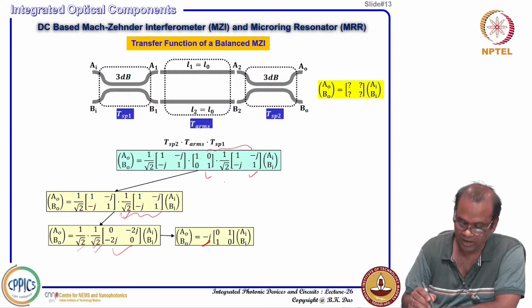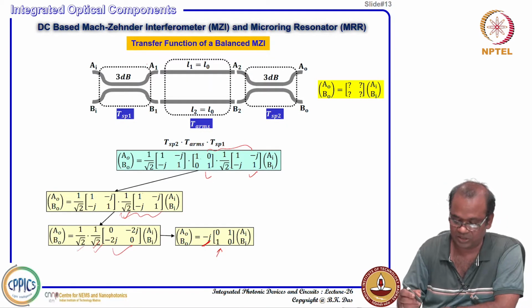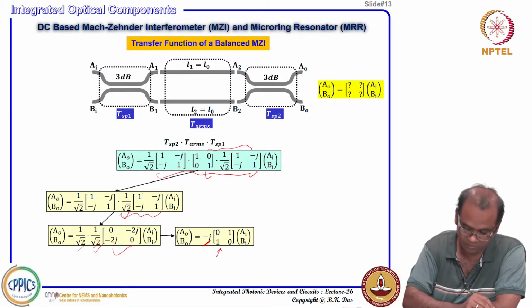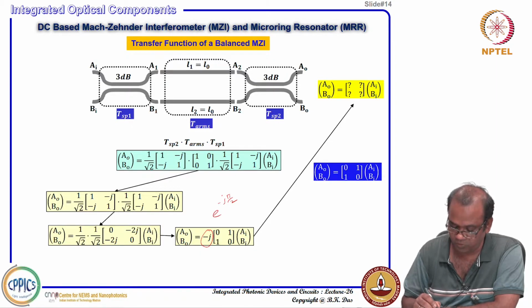So, I know this is going to be the transfer matrix for the entire structure, because all these transfer matrices together come out like that. We can drop the common minus j phase, e to the power minus j pi by 2, since it will appear in both the output ports A naught and B naught.